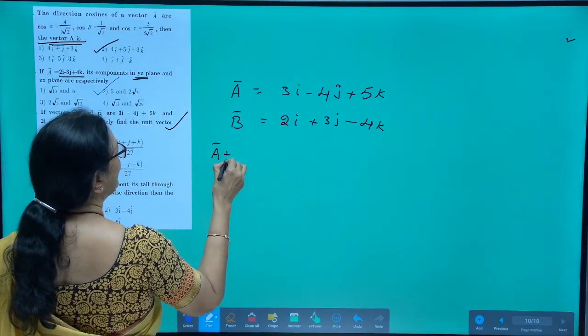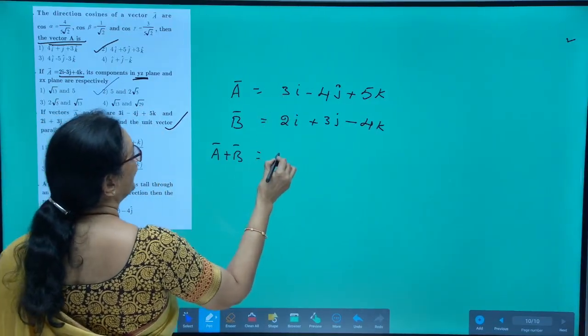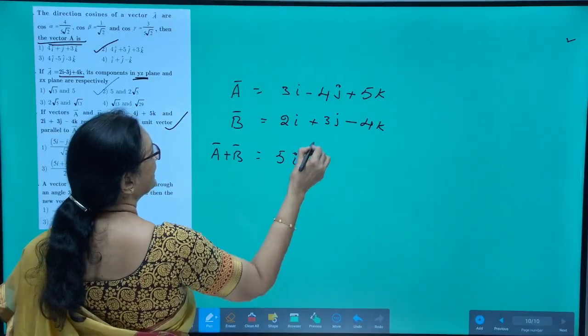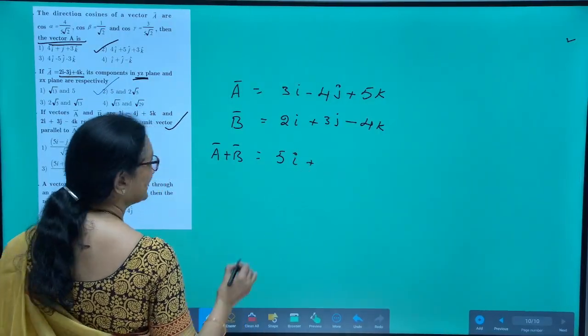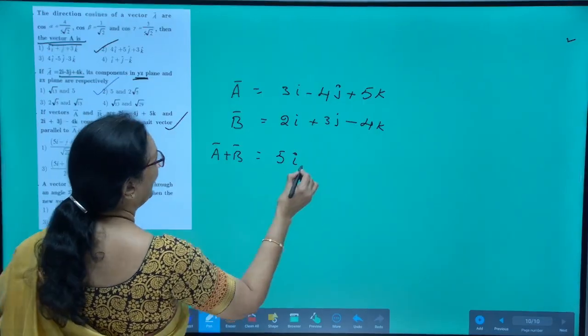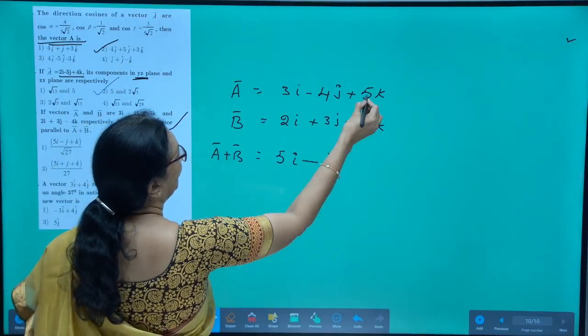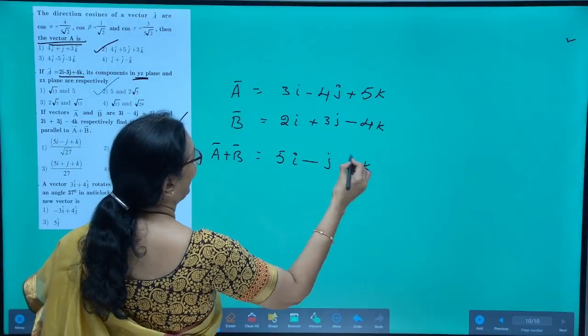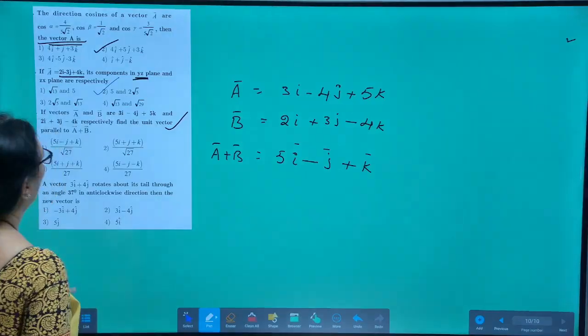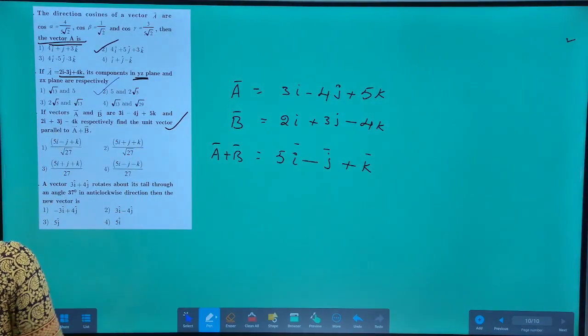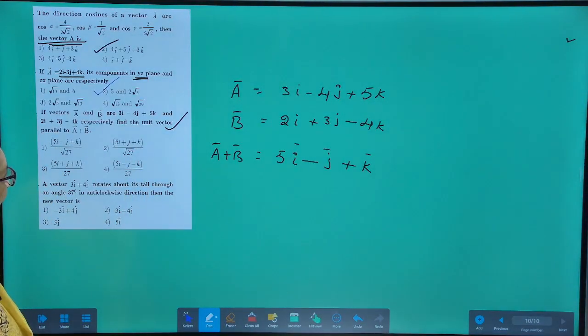A bar plus B bar will be 2 plus 3, 5i, minus 4 plus 3, minus 1, minus j, 5 minus 4, plus k. What is asked? Unit vector parallel to A bar plus B bar.